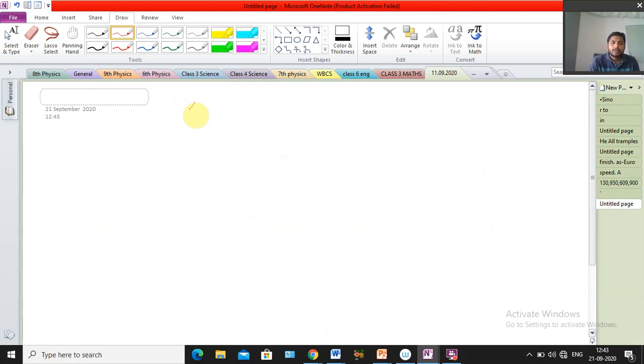Exercise 12. The first question says: convert each of the following speeds into meter per second. The example part is complete.